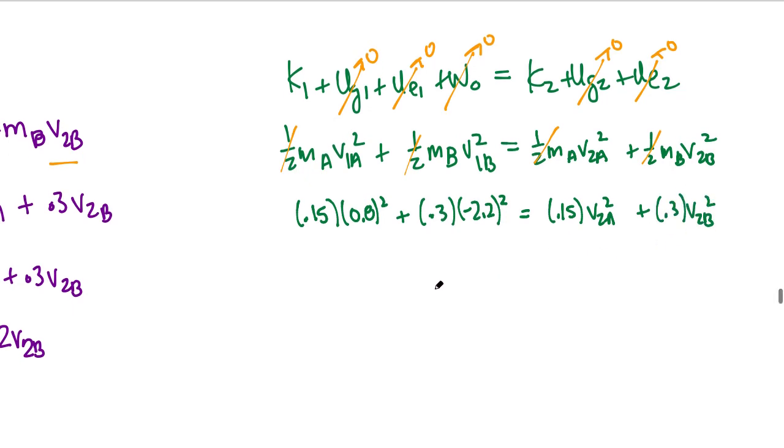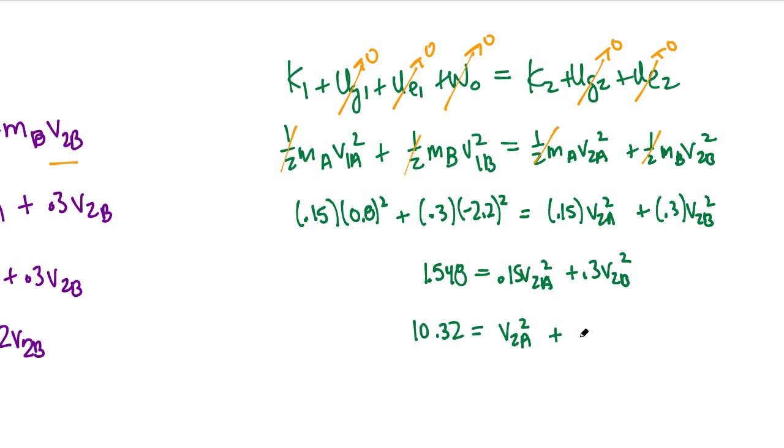So going through the calculator motions here, we find an equation that has a left side of 1.548, equal to 0.15 V2A squared plus 0.3 V2B squared. I'll go ahead and divide everything by 0.15 again to get rid of some of these coefficients. So I have 10.32 is equal to V2A squared plus 2 V2B squared.